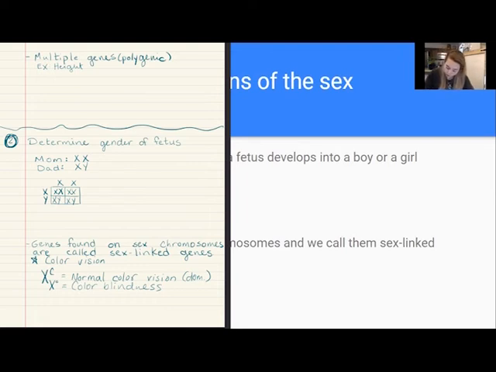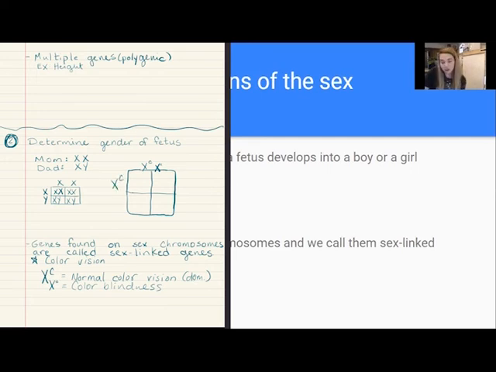So if we have X capital C, X lowercase c, this is a woman who has normal color vision, but carries the gene for color blindness. And this woman is going to have some kids with a male who has normal color vision.